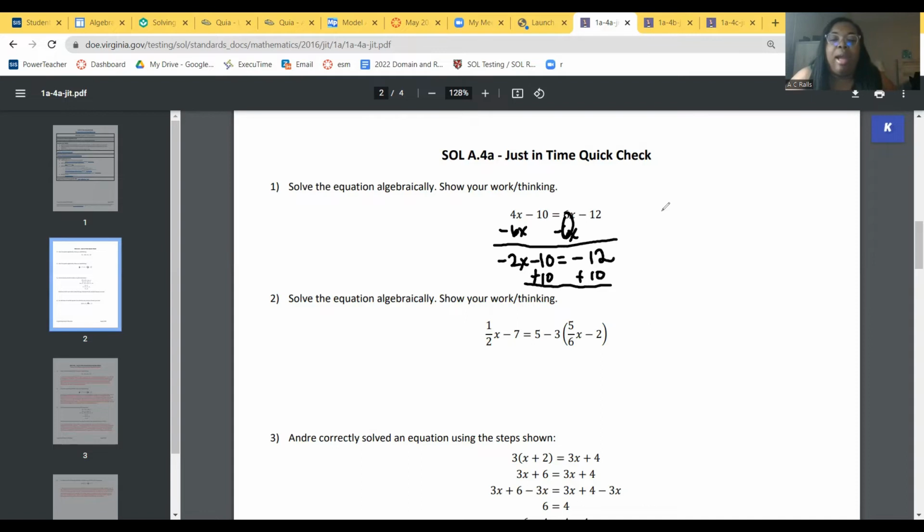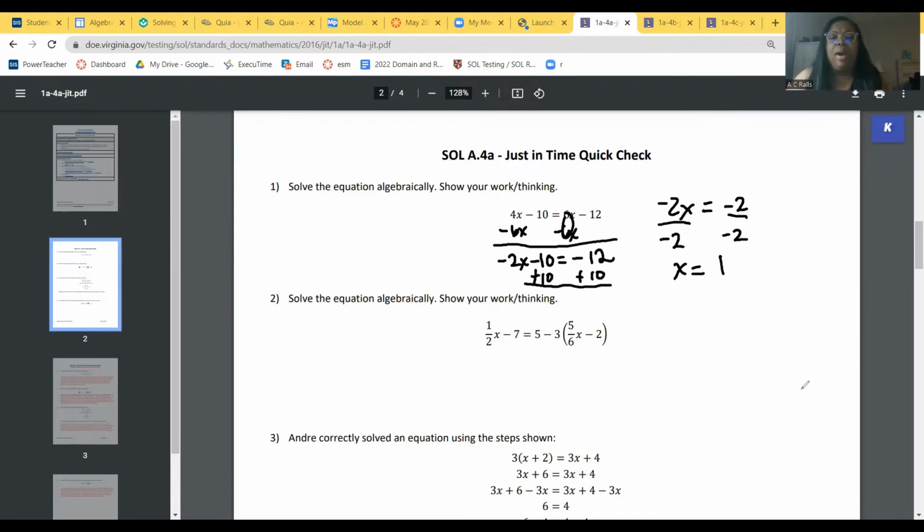And now I have negative 2x is equal to negative 2. My last step will be to divide both sides by negative 2. And x will be equivalent to a positive 1 because negative 2 divided by negative 2 is 1.